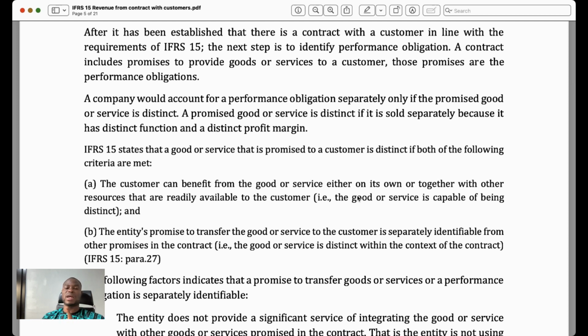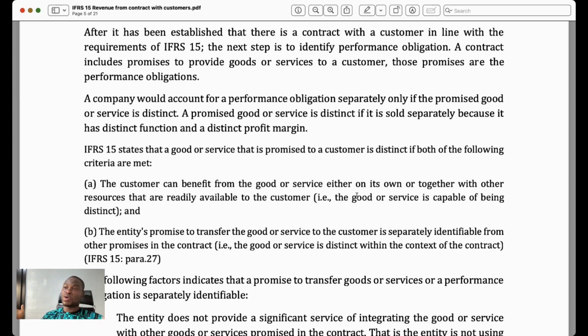One is that the customer can benefit from the good or service on his own. Okay, it's just like you bought a phone. The phone is good to go, it's a distinct good or service, right? So it's like you bought a television, it's a distinct good or service. So that's what we're saying. Or maybe they can enjoy it together with other resources they have. It's just like you bought a television.